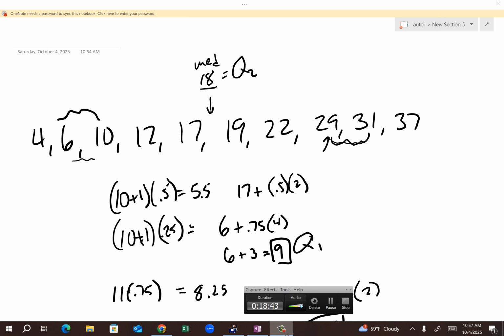And we'll be using the quartiles in order to do that, because it'll say, is this guy an outlier, or identify the outliers, okay?